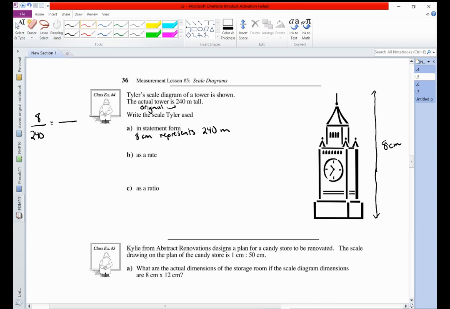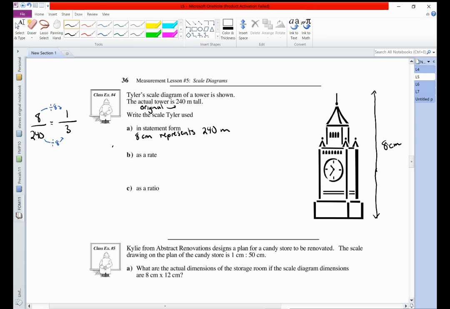So what we can do is, I'll use blue here, divide both sides by 8. Divide by 8. So to reduce a fraction, you want to divide the top and the bottom by the same value. So 8 divided by 8 is 1, and 240 divided by 8 is 30, which is perfect.